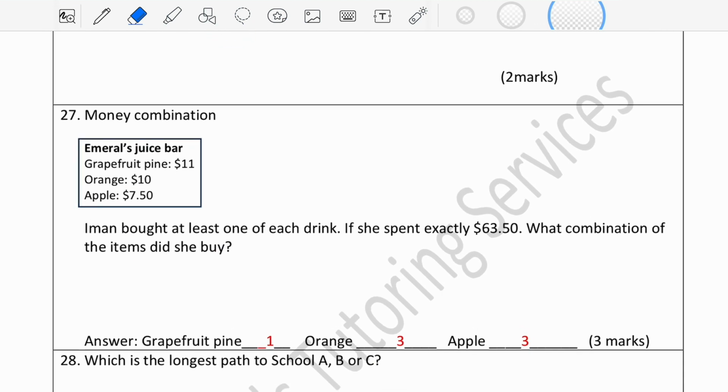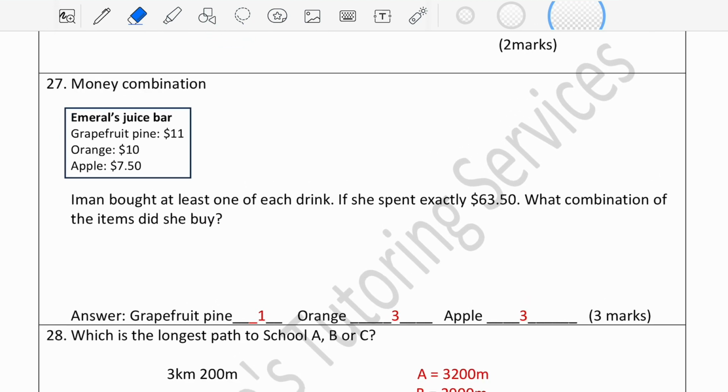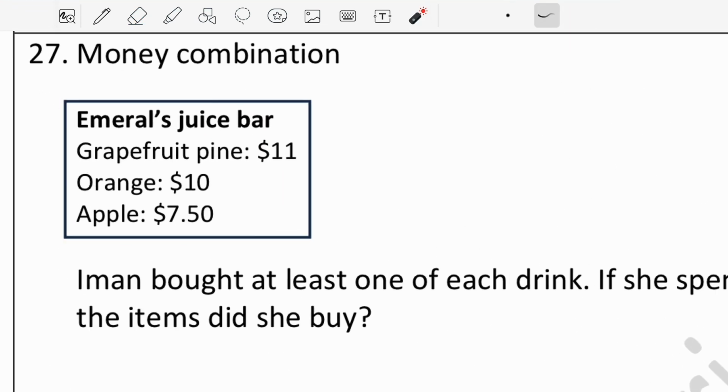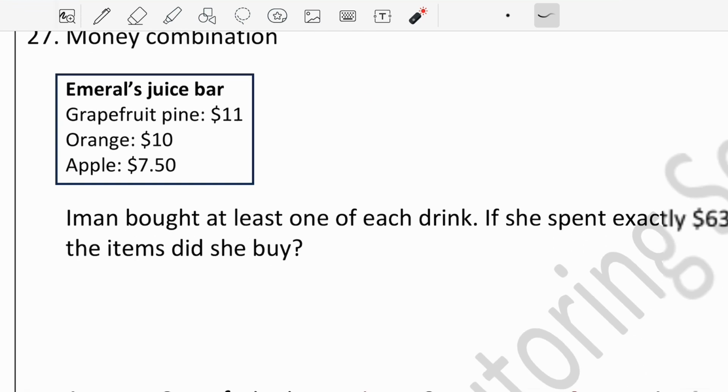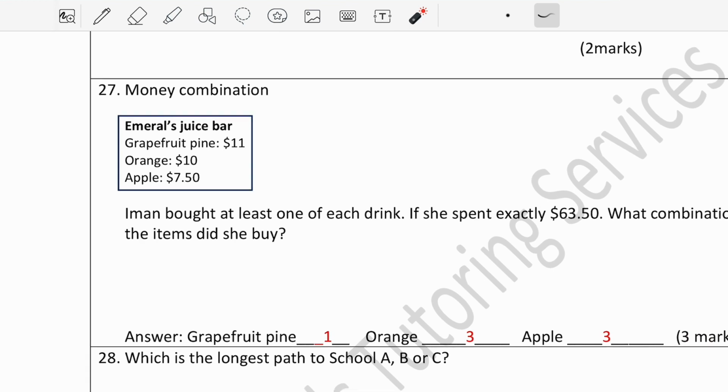Number 27. So we need to determine how many grapefruit juice, orange juice, and apple juice was purchased in order to obtain a total of $63.50. Right? Iman bought at least one of each drink, and she spent exactly $63.50.